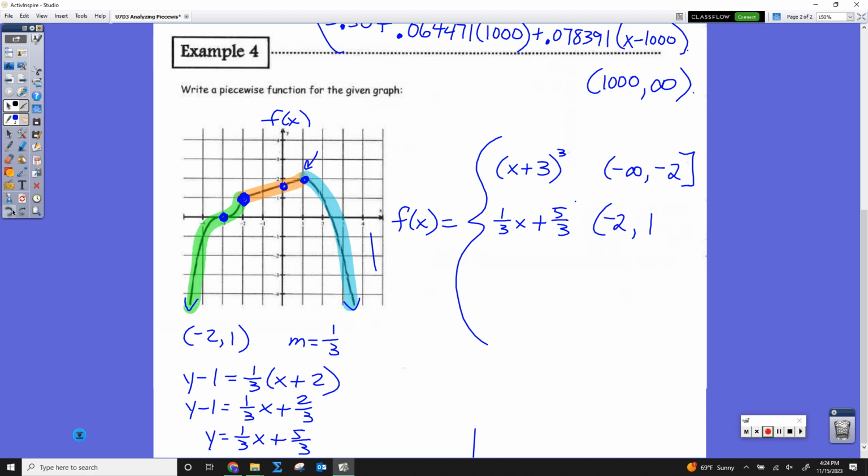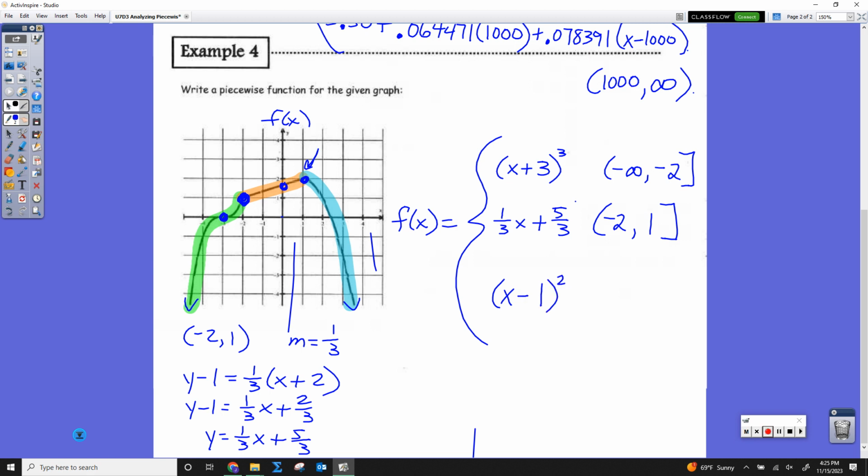The last part we need to get is the quadratic. We can kind of eyeball this one as well. This point, this arrow is pointing to right here, is actually going to be the vertex of our parabola. The vertex for a parabola would typically be at the origin, so we're shifted to the right 1, which means we say x minus 1.